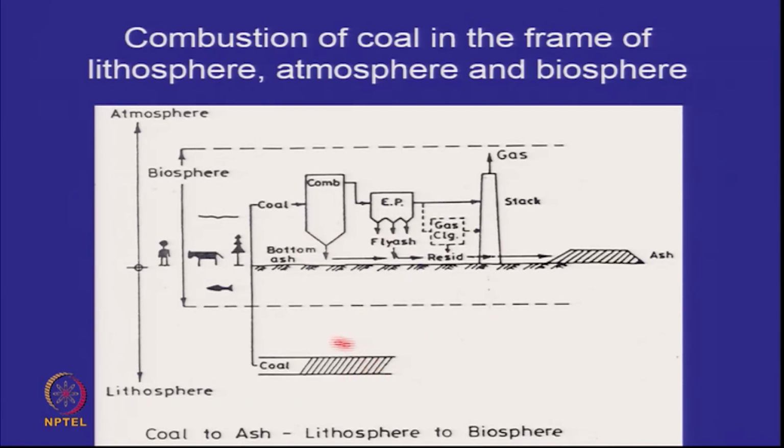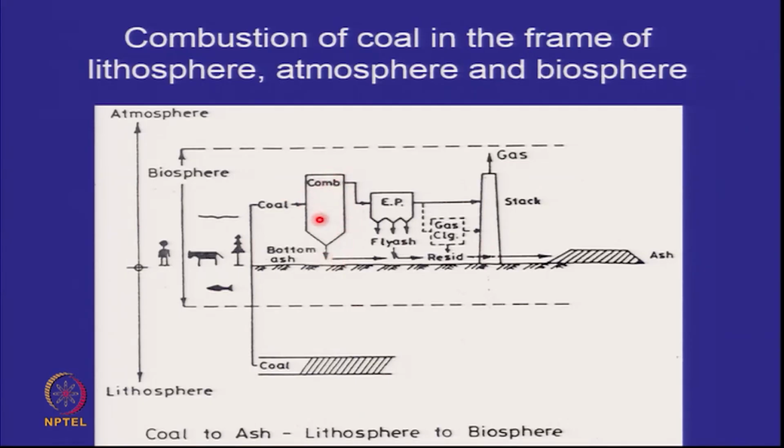And typically what are we doing? Coal is available in Mother Earth deep below. It's available in the lithosphere. We all are living in the biosphere, the birds, the plants, the animals, the fish. That means on the ground surface and a little above it and a little below it. So we bring out the coal, we dig it out by the mining procedure, we transport it, and then we send it to a thermal power station where the coal is burned to generate electricity.